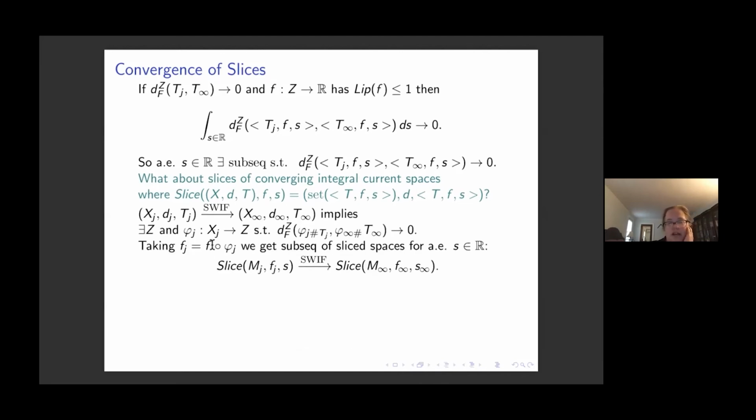So if we take fj equal f following phi j, if all these functions on each one of these is actually a function on Z following the embedding map, we would get that slice Mj fj s swift converges to slice M infinity f infinity s infinity exactly using what we wrote up here. But this only works if I have fj equal to f following phi j. So if all the fj's come from an f on Z, an f here that's on Z, then we can do this, but otherwise we cannot.